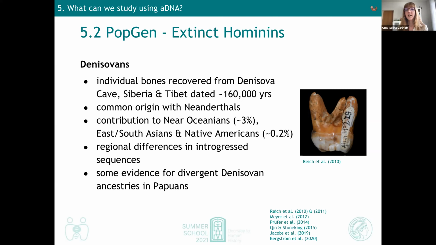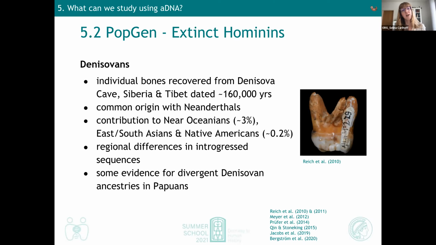So there's really quite large regional differences, which seems to suggest that instead of one admixture event, which seems to have taken place for the Neanderthals, for the Denisovans, it's likely that there were several introgression events of differently related Denisovan groups.